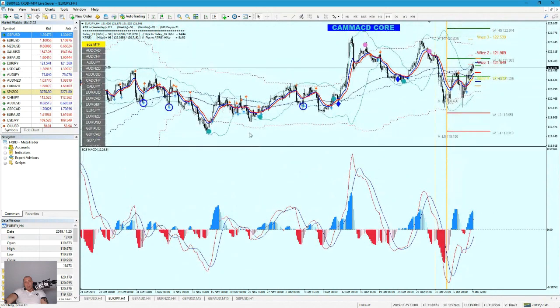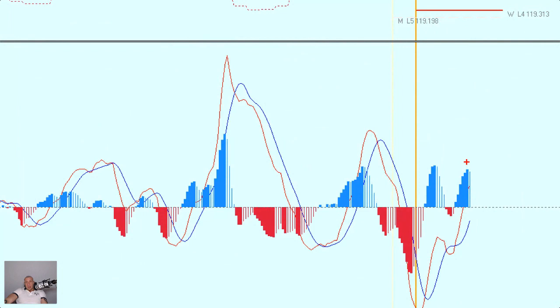Now, this might sound confusing, but this will be very clear. Let's use this example. Euro-Yen here, see this. We have solid histograms here, but we also have a thinning line here.